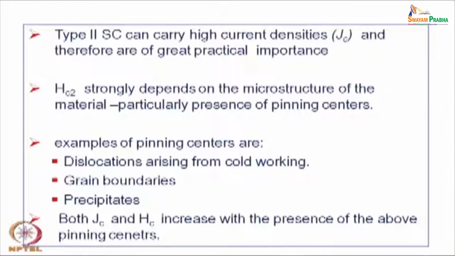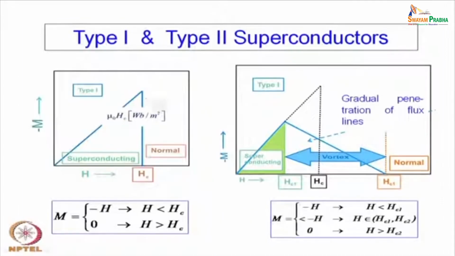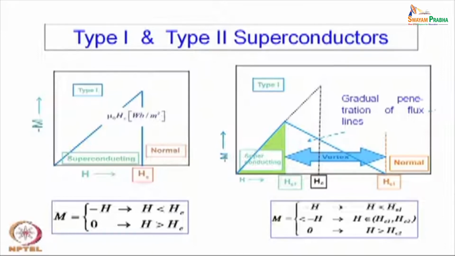Hc2 strongly depends on the microstructure of the material. So, if you refer to the earlier picture, this value is not a fixed value for any particular compound or element. It depends on many extrinsic properties of the material.